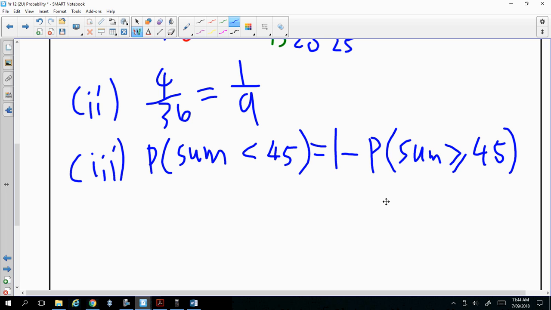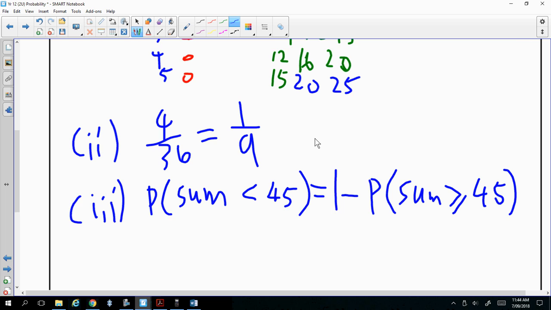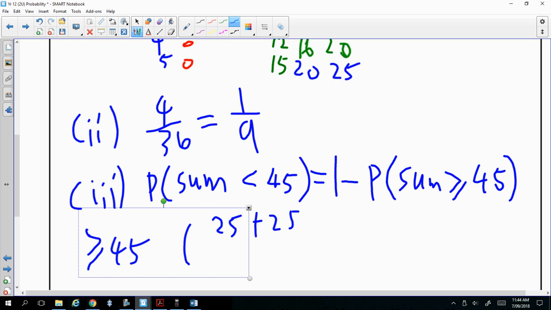Actually, let's write more than 45. Bigger than 45 could be 25 plus 25, 20 plus 25, and that's it, right? And you have to look at different order.